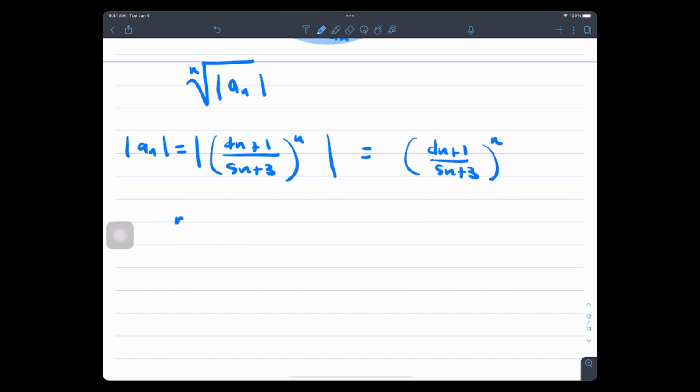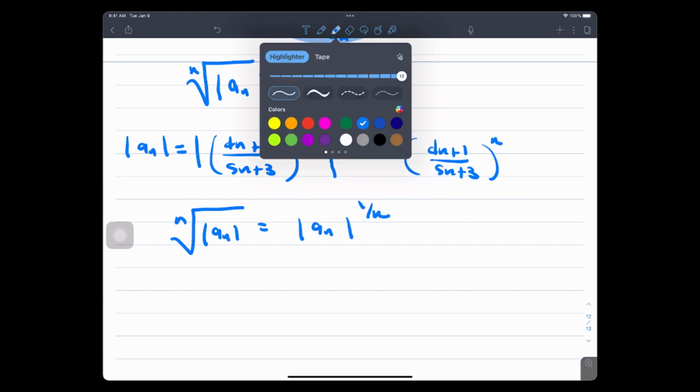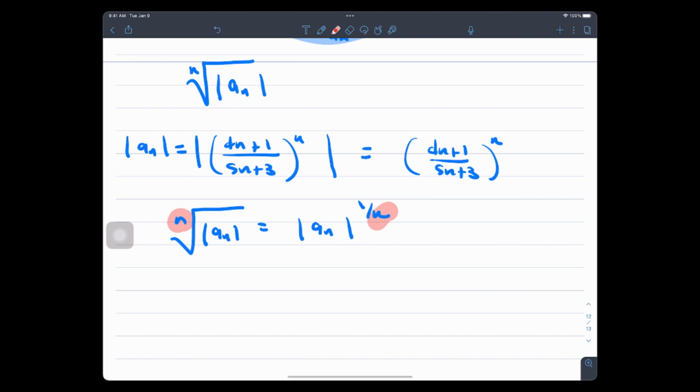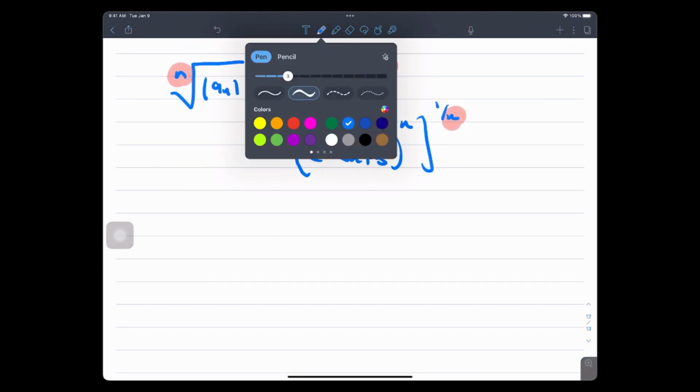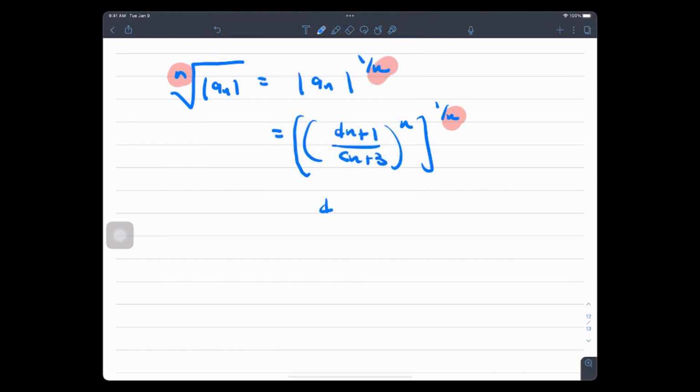Now, what's the nth root of the absolute value? Well, that's to the power 1 over n. That's what it means to be an nth root. So all that means is you're taking 4n plus 1 over 5n plus 3 to the nth power, and then to the 1 over n. What's happening with these powers? You're multiplying n with 1 over n, which is 1.